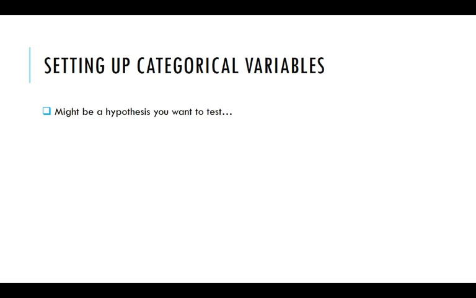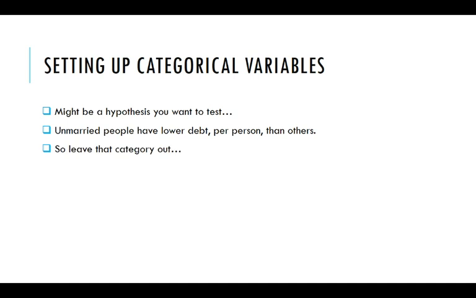Maybe there's a hypothesis that you want to test, and if there is, that's going to drive your categories and which one's omitted. Maybe you think unmarried people have lower debt per person than others. So if your hypothesis is that unmarried people have lower debt, then maybe you leave that category out.